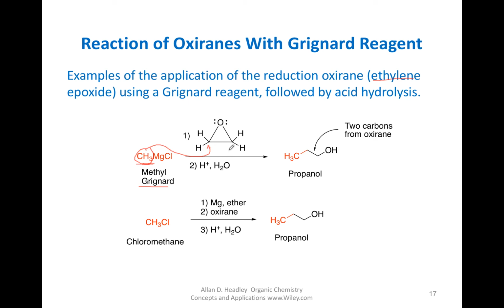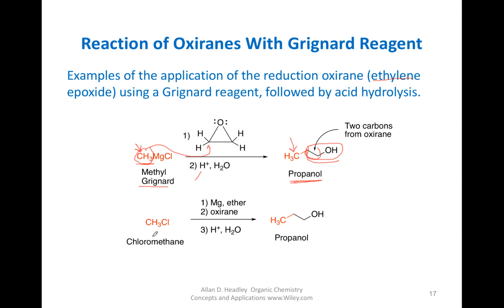So none is more crowded or less crowded than the other. The product after hydrolysis is an alcohol with, of course, 2 extra carbons here bonded to the methyl Grignard. So again, I want you to think ahead. We can in fact make larger molecules, larger alcohols from a smaller compound such as a methyl Grignard reagent.